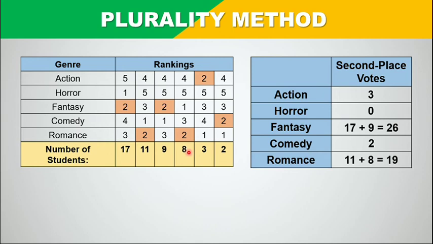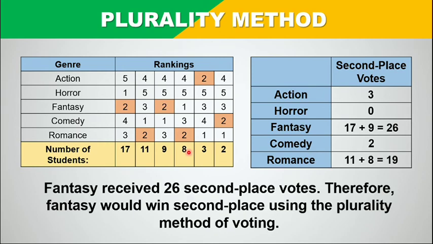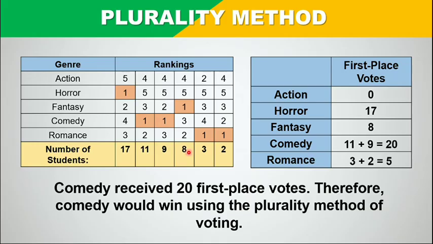So fantasy would win the second place using the plurality method because it received 26 second place votes. Just remember that when you do the plurality method, to determine the winner you only consider the first place votes. Based on this problem, our winner is comedy because it received 20 first place votes.